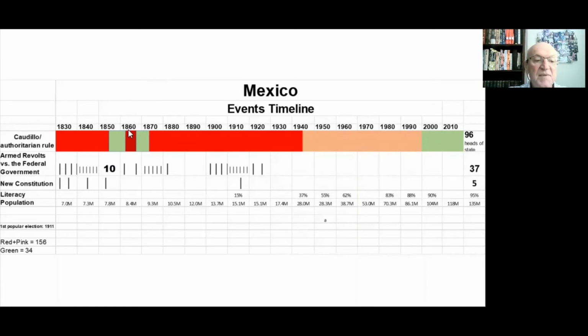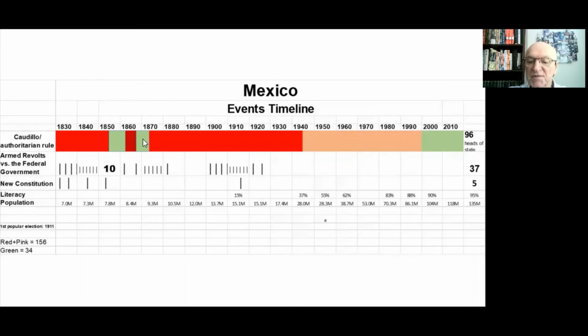After him came Benito Juarez. Benito Juarez was a civilian, but he also was a caudillo. But he was an enlightened person, and he was somewhat less authoritarian. He ruled from 1857 to 1872.